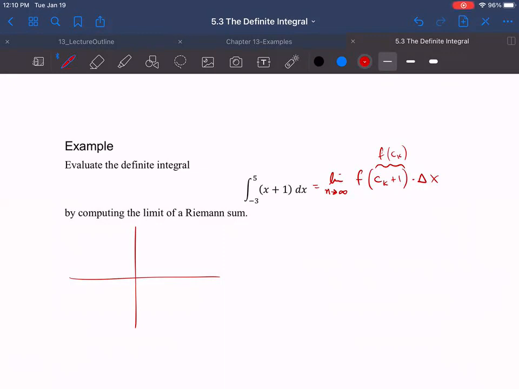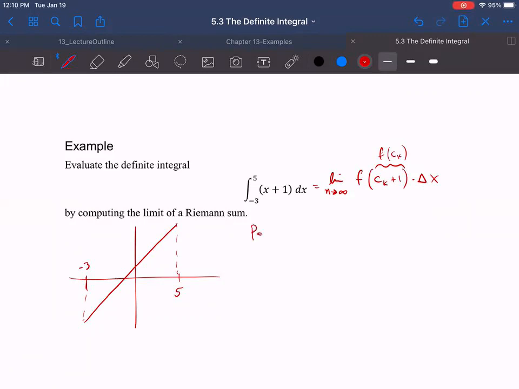Linear. Yep, just a straight line with a positive slope, going through +1. We're starting back here at -3, and we're going all the way up to +5. So something like that. Then we can go through and do this.